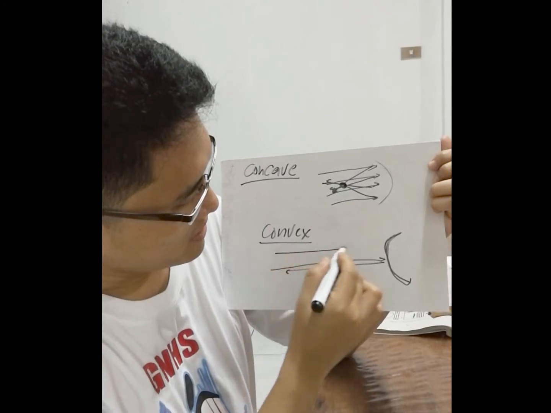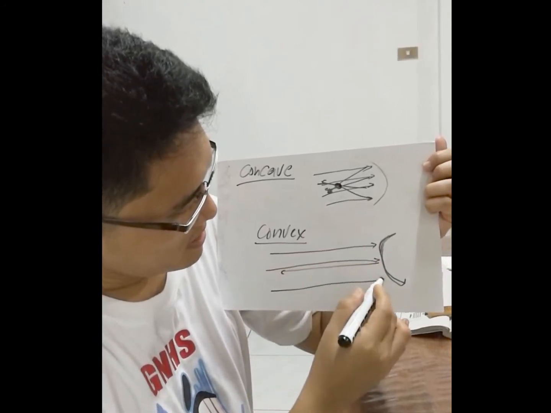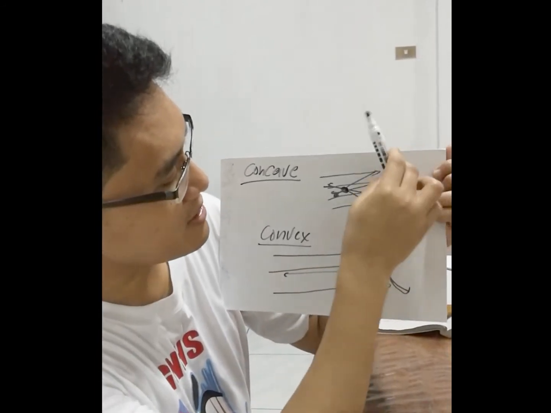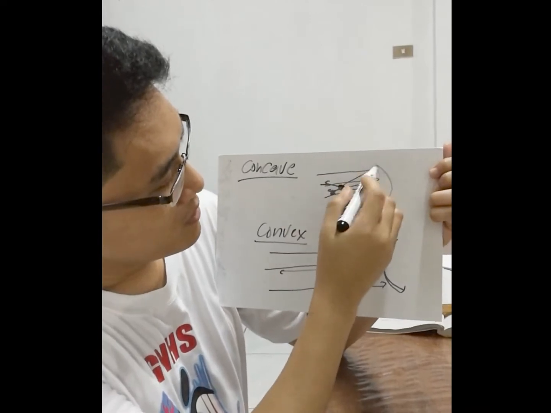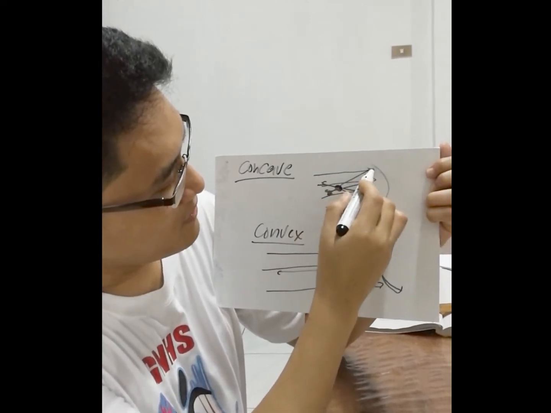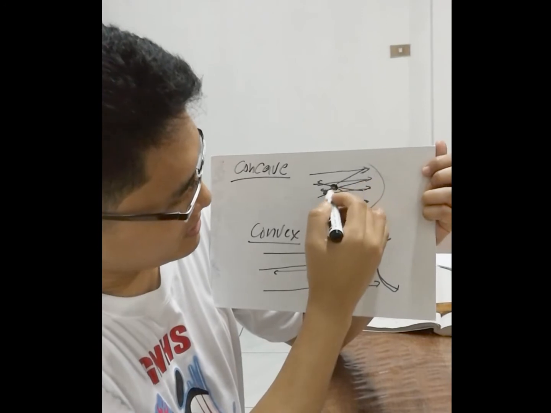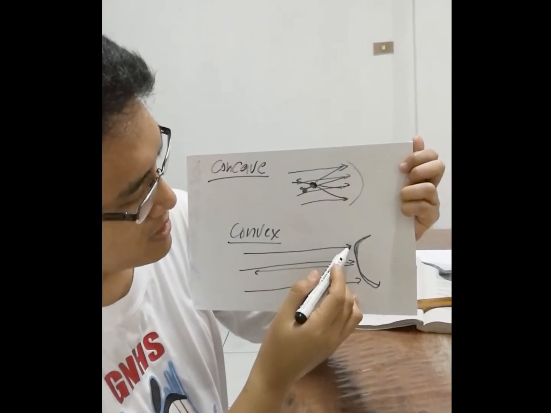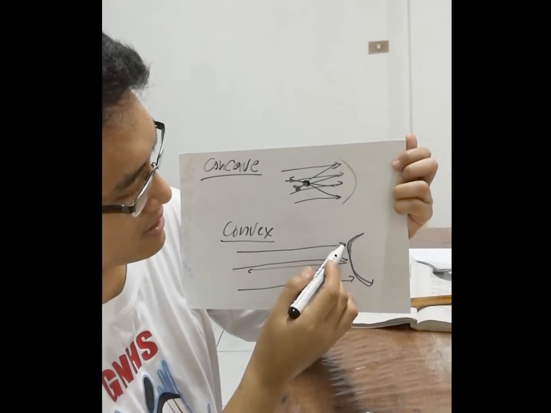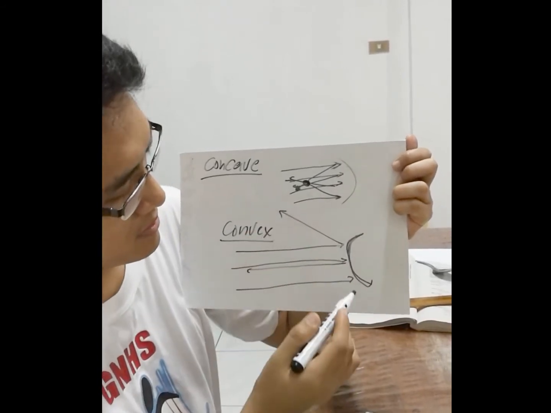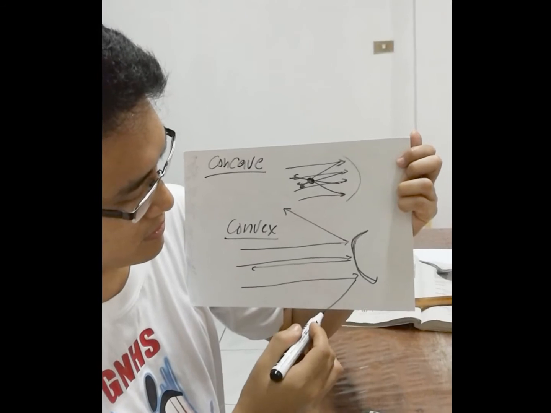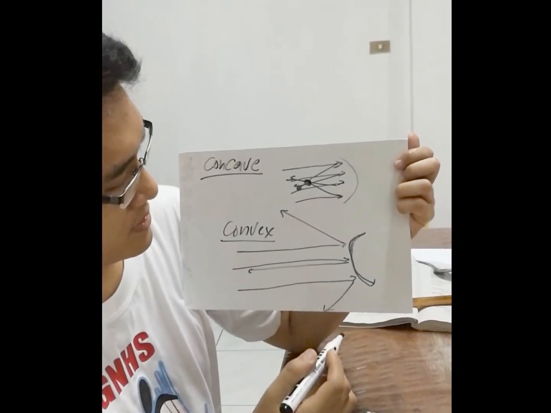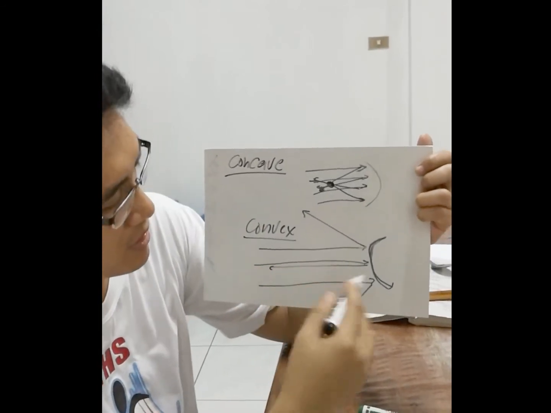But if a light ray hits here, instead of the light ray being reflected and then going down, right, slanting downwards, this one will slant up, and this one also like that. So this is what we call a convex mirror.